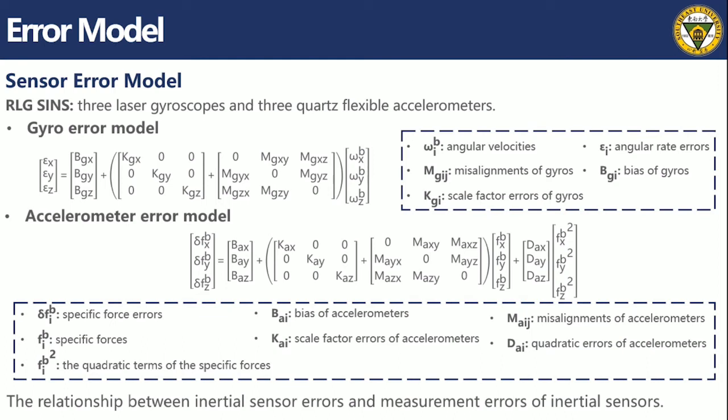In the cases of small angle swing, the nonlinear error of accelerometers may have a great impact on the inertial navigation accuracy. Therefore, on the basis of the traditional inertial sensor error model, the quadratic errors of accelerometers are added to achieve high precision calibration under both static and small angle swing basis. The sensor error model establishes the relationship between inertial sensor errors and measurement errors of inertial sensor.